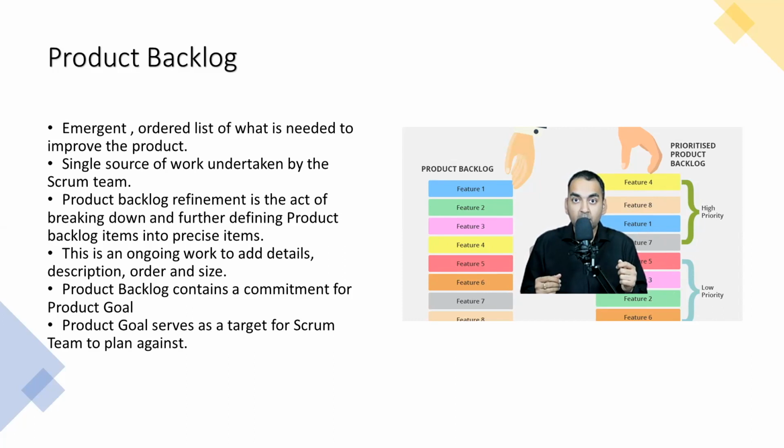Product backlog acts as a single source of work for the Scrum team, which means if there is a division who wanted the Scrum team to perform certain work, this work first needs to be part of the product backlog, needs to be evaluated by the product owner, and then only the Scrum team will pick it up.